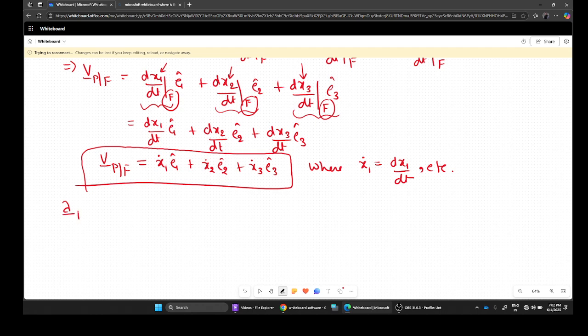Next, I want to derive the expression of APF when the same frame fixed Cartesian coordinate system is my working coordinate system.